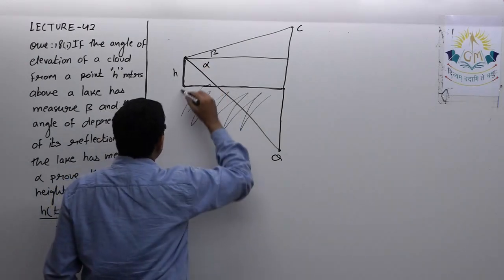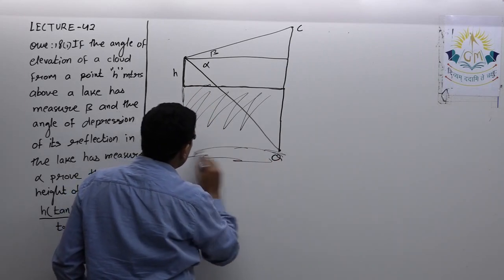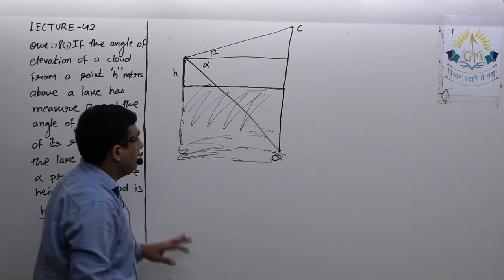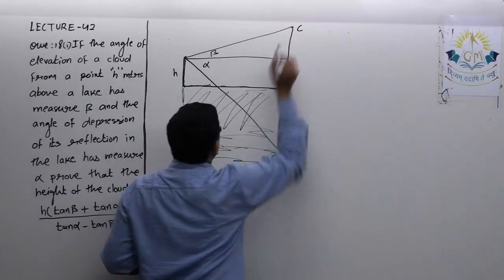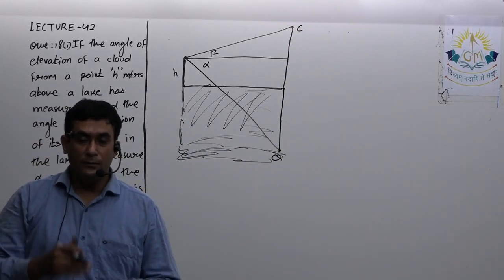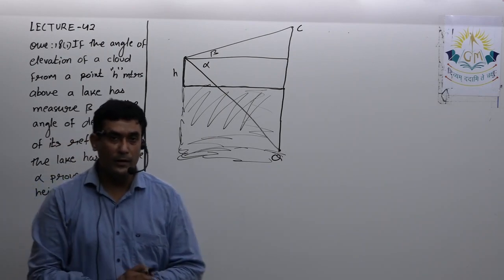This complete thing is the lake, and point Q is actually in the lake. Now if you know the laws of reflection, the distance of image from the mirror and the distance of object from the mirror are the same.